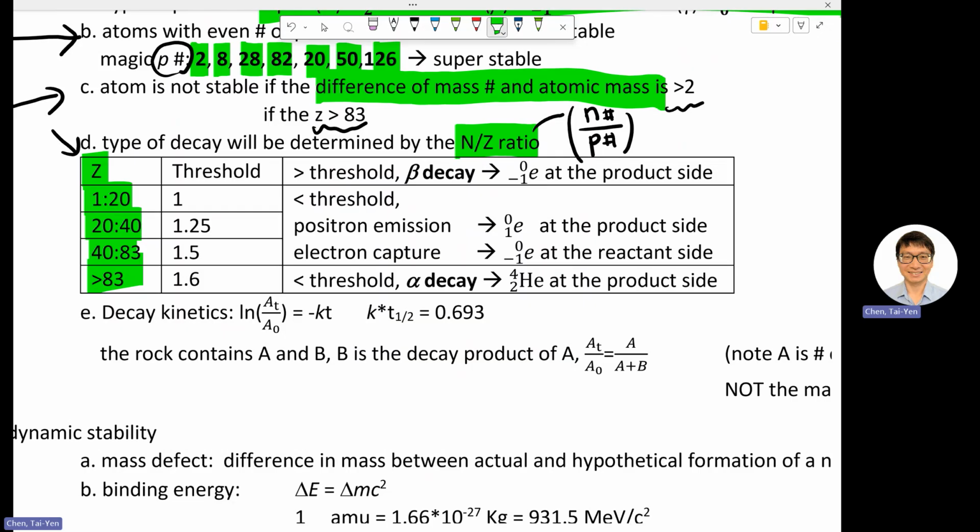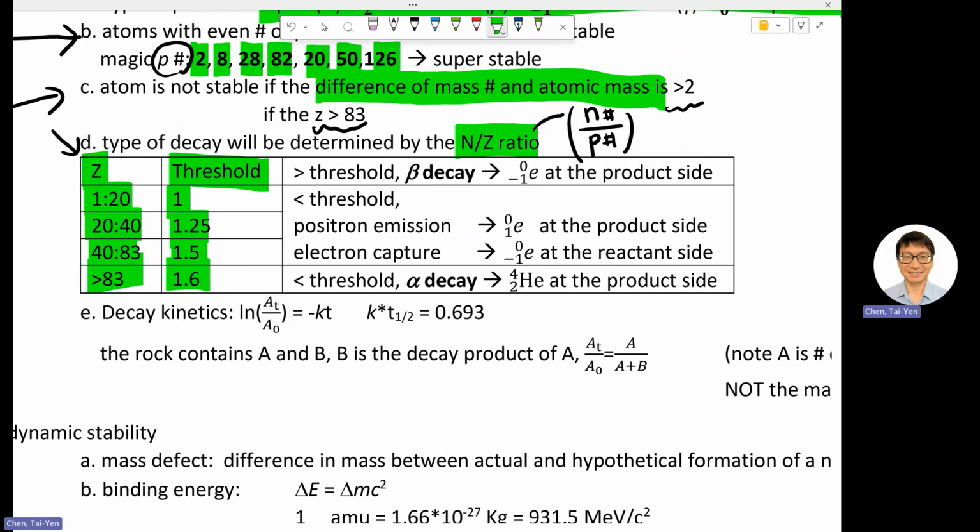Those are 4 different groups. If you calculate your N to Z ratio, for every single group I assign a different ratio. So this is the setup: you have 4 groups, and each group has a different threshold.